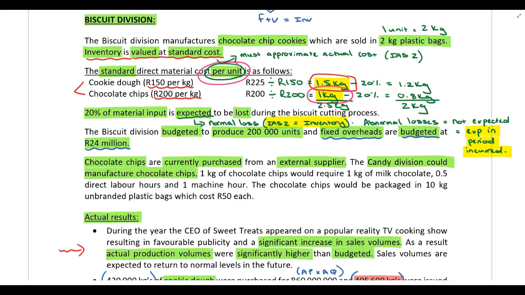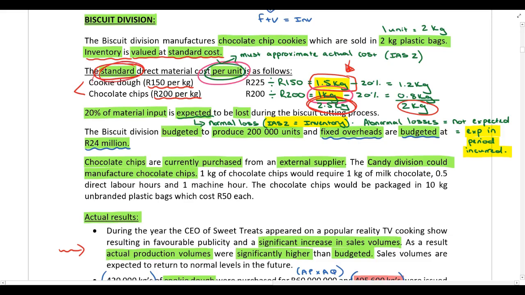So, because normal losses are included in the value of inventory, the standards over here take the normal losses into account. You can see, according to the standard, they have to input more than what they want in order to achieve a certain output. If they want output of 2 kilograms, they can't input 2 kilograms. They have to input 2.5 kilograms, and they'll then have output of 2 kilograms.